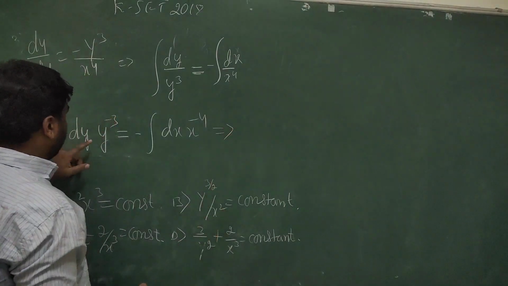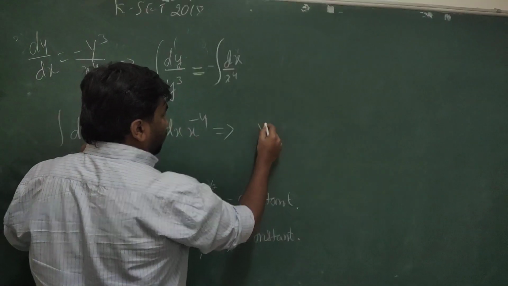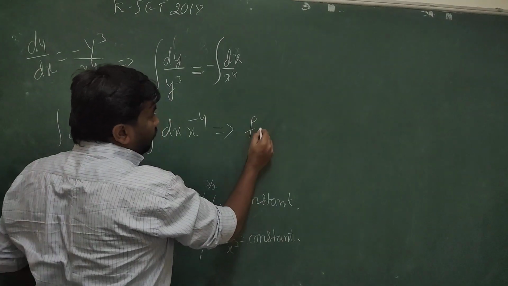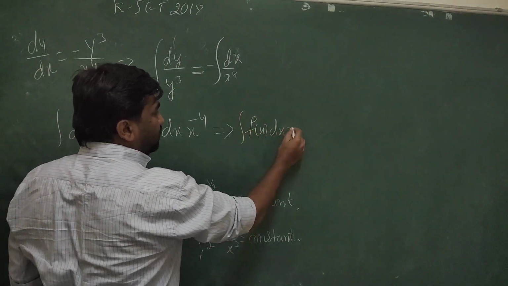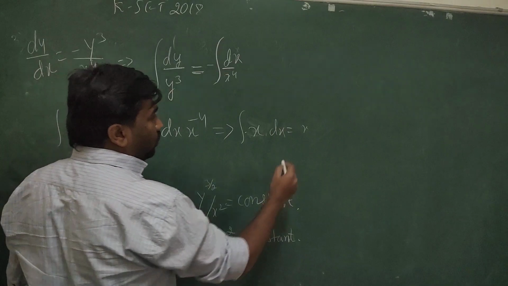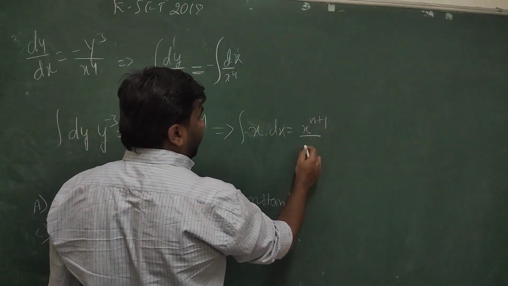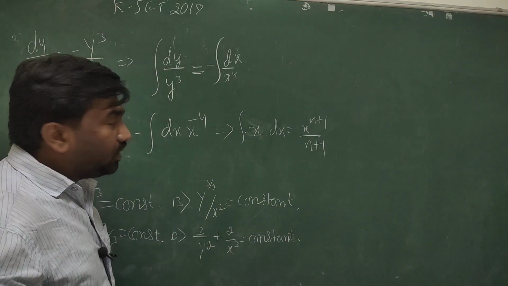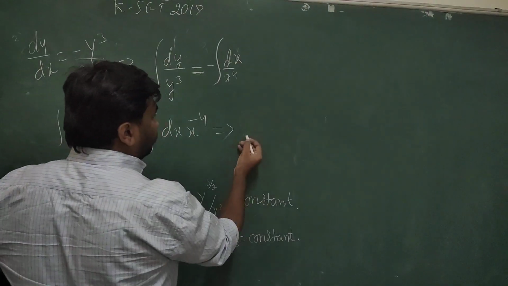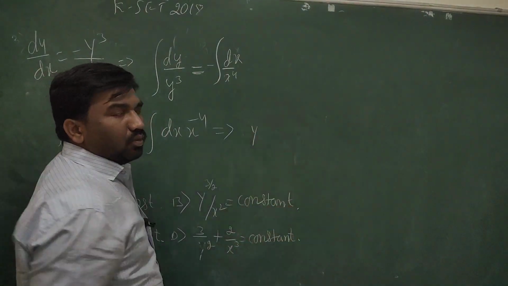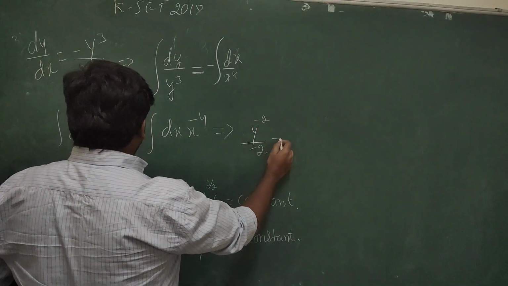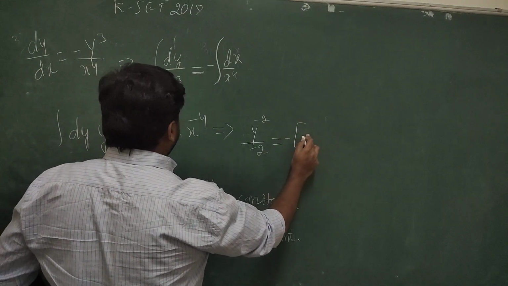We know that integration of x^n dx is equal to x power n plus 1 divided by n plus 1. Like that, integration of y power minus 3 is y power n plus 1. So minus 3 plus 1 is minus 2, so y power minus 2 divided by minus 2, which is equal to minus of x power minus 4.